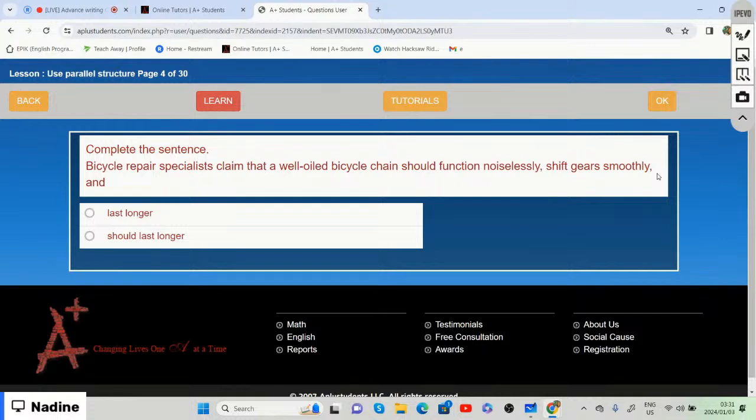So we need to complete the sentence by saying bicycle repair specialists claim that a well-oiled bicycle chain should function noiselessly, meaning it should not make a noise at all. Must be able to shift gears smoothly.